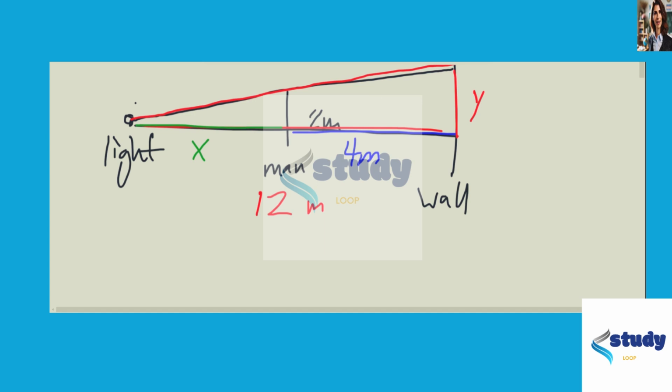To understand this problem, we should use similar triangles. The man forms a right triangle with respect to the floor and the light. His shadow also forms a right triangle with respect to the floor and the light.